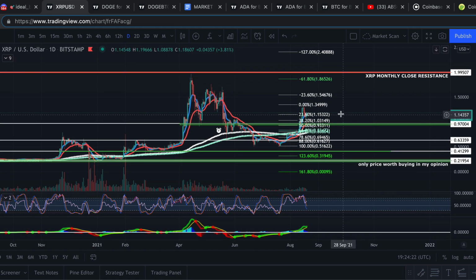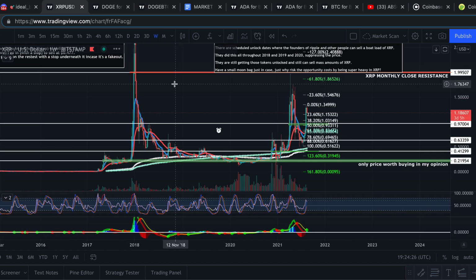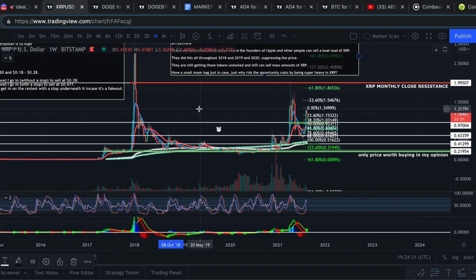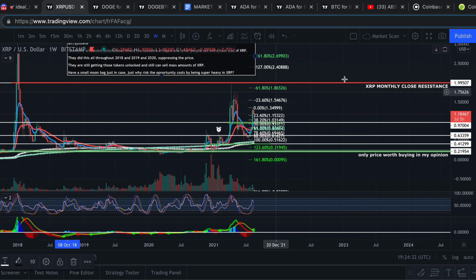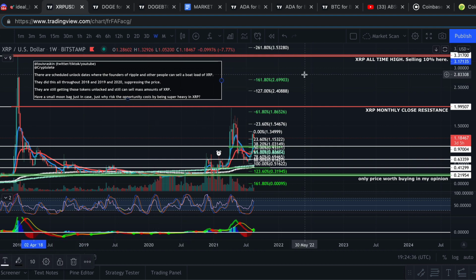XRP. Man. XRP still hasn't even reached its all-time high from January 2018. Do you know how pathetic that is?